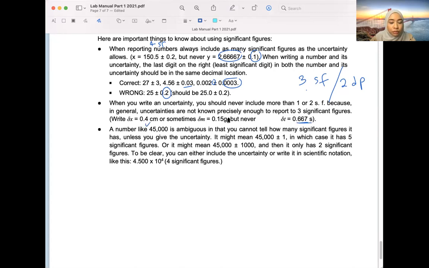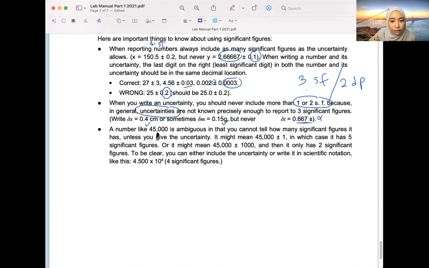Here it gives 1 significant figure, here it gives 2. It says don't give 3 because it's troublesome. Too precise data is usually an issue as well. No, I shouldn't say it like that, it will cause you trouble. I wouldn't say it's not accurate, but it will cause you trouble later on when you have too many significant figures for your uncertainty. This is specifically uncertainty, uncertainty, 1 or 2 significant figures. Okay, take note on that.